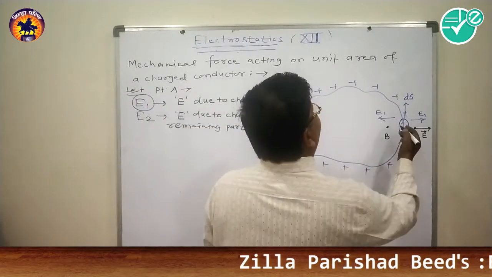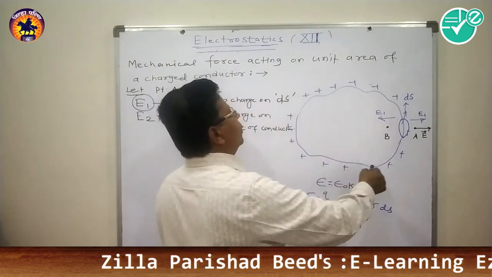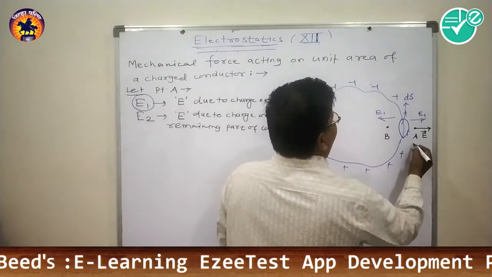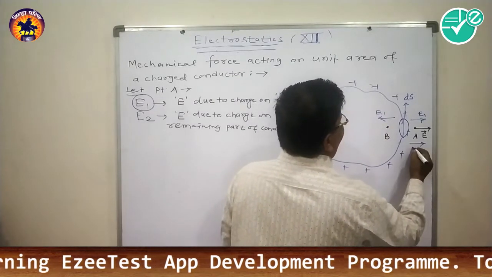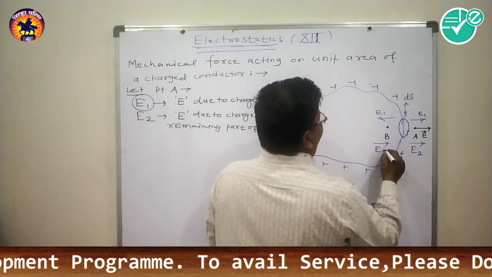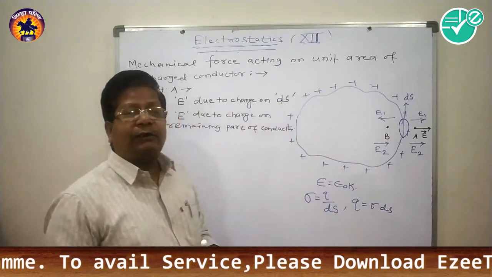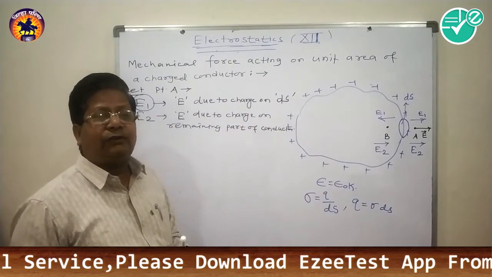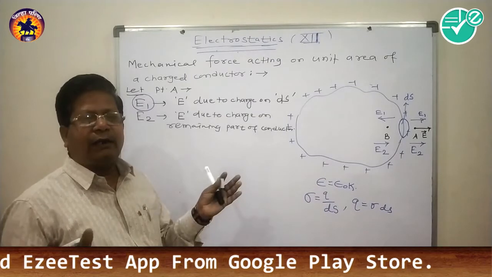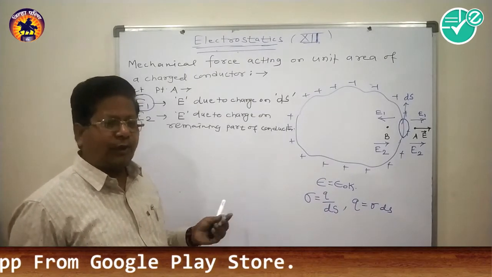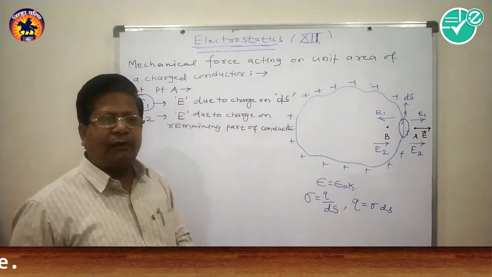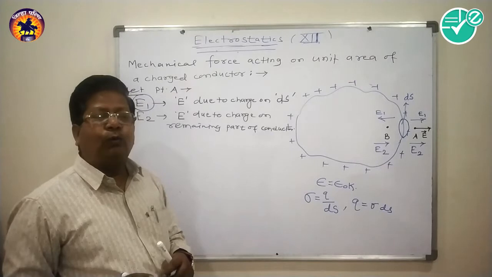The electric field intensity due to charges on remaining part of the conductor, which is E2, is directed outwards both outside and inside the charged conductor.